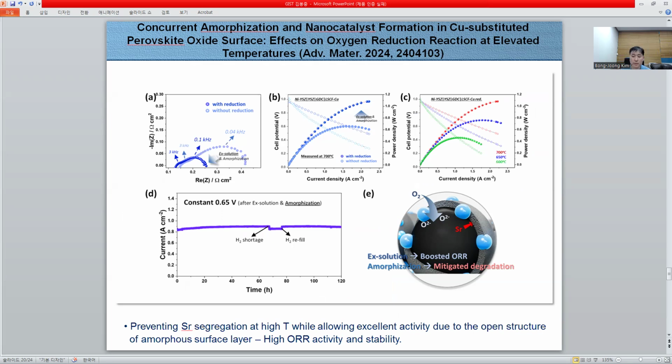The amorphous surface layer was highly robust, even over 700 degrees C, as you can see in the data. So cerium strontium segregation was completely prevented, and we achieved excellent activity and stability over 120 hours.